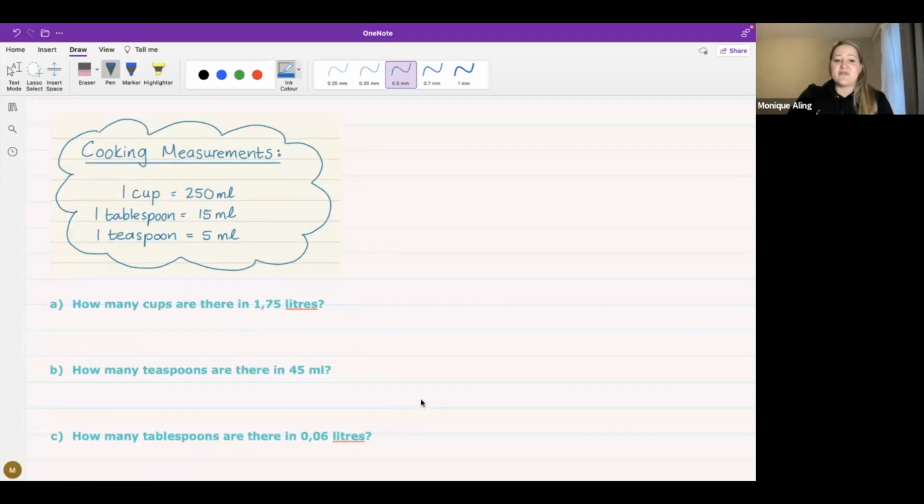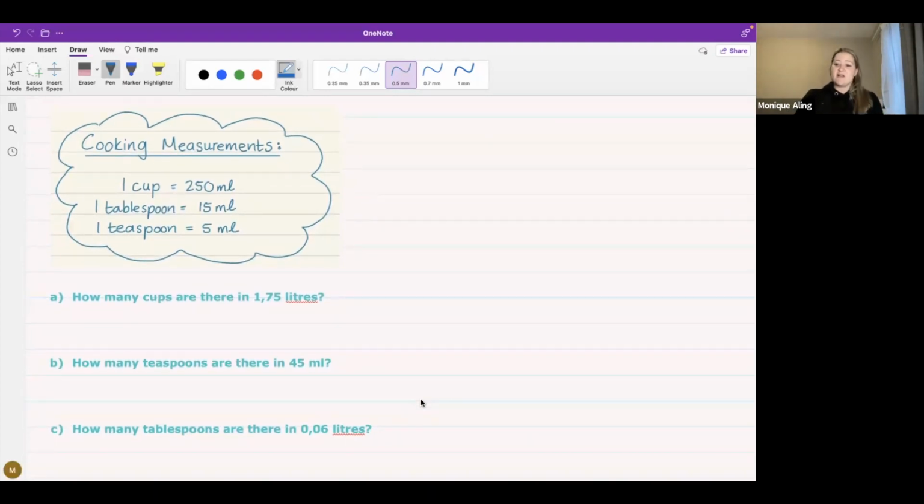Okay, so really good screenshot moment if you haven't written this down. Okay, so keeping these cooking measurements in mind, it's nice and easy now that's in front of us.